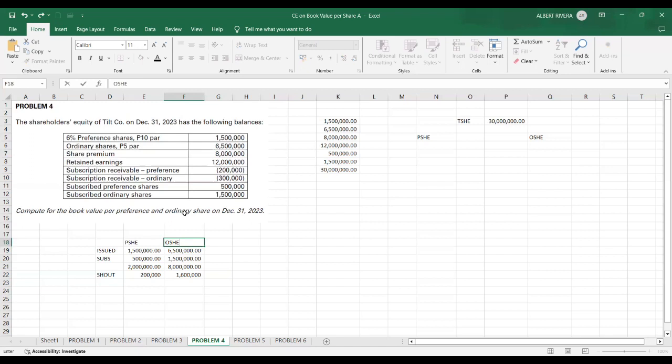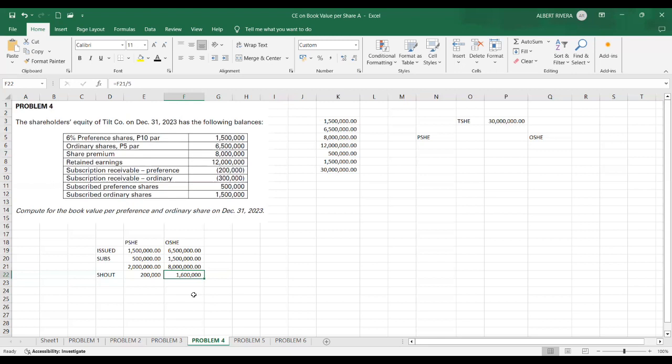so we have 6.5 million pesos. And the subscribe ordinary shares of 1.5. A total of 8 million divided by the par value of 5. Okay? For ordinary, so this is 1.6 million, 1,600,000 shares.